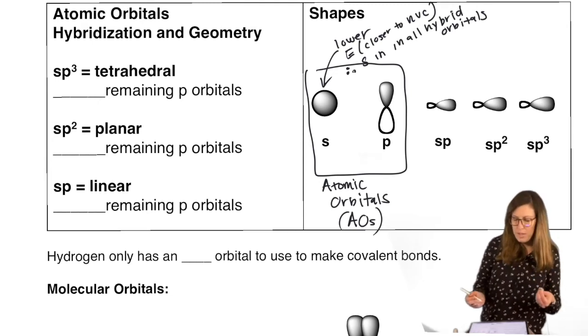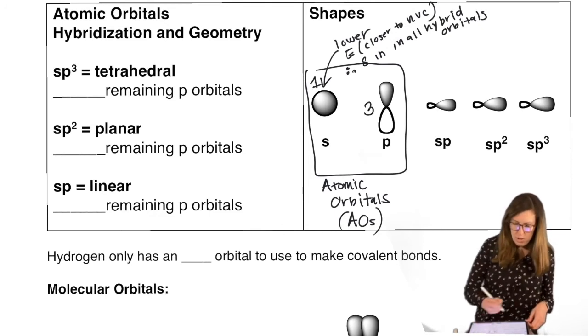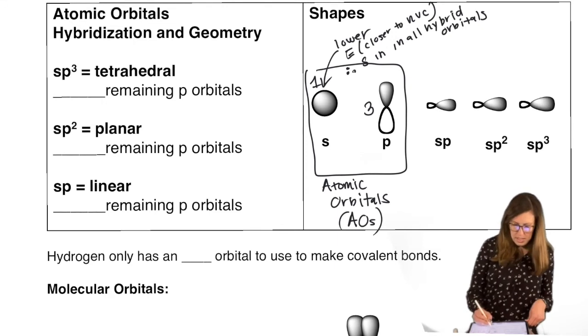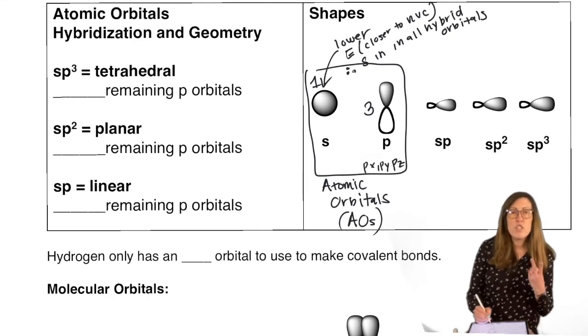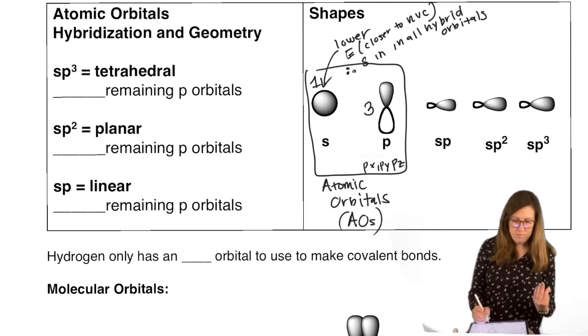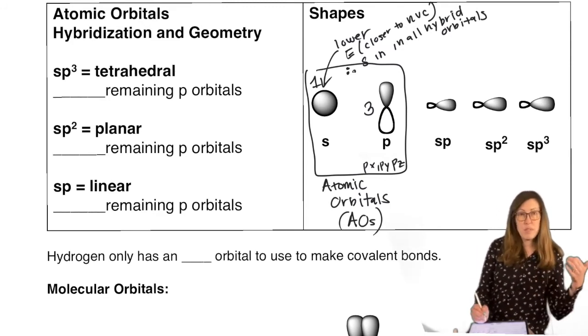If you take all 3p's, you have sp3. So you have 1s and 3p orbitals. Remember, because there's px, py, pz. If you take only 2 of the 3p's, you have sp2. If you only need 1 of the 3p's, you have sp. So when you need all 3p's, plus the s, that means you had 4 total orbitals used.